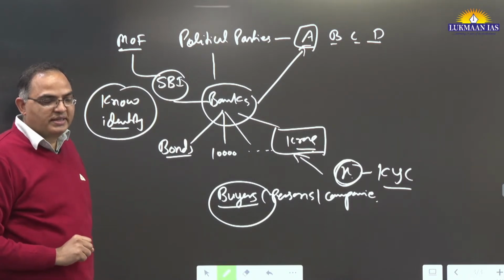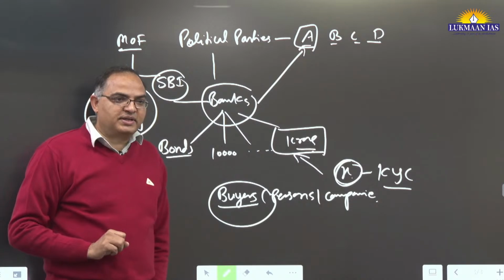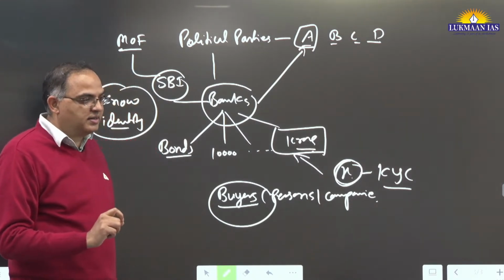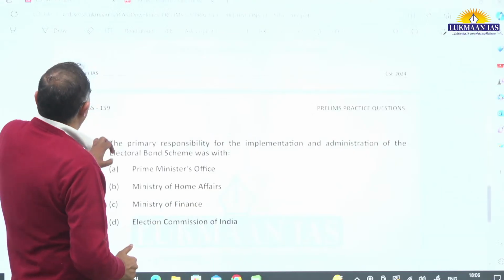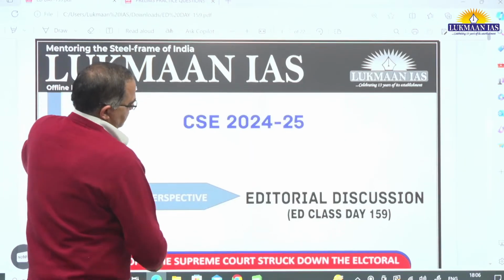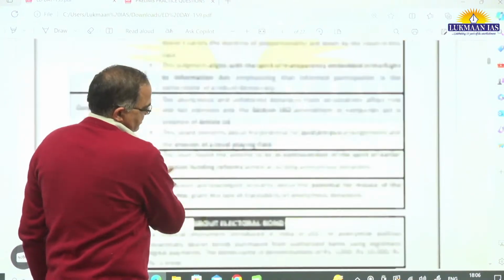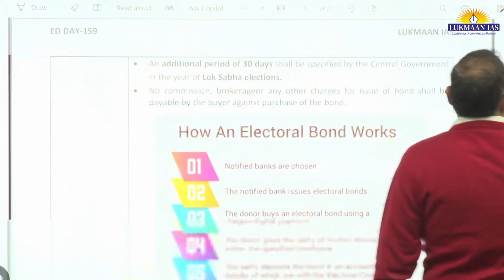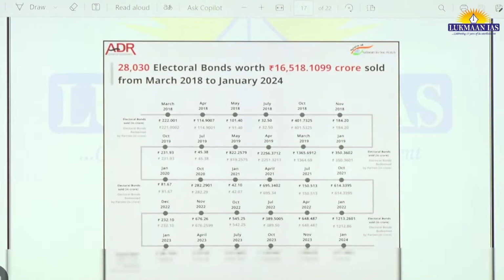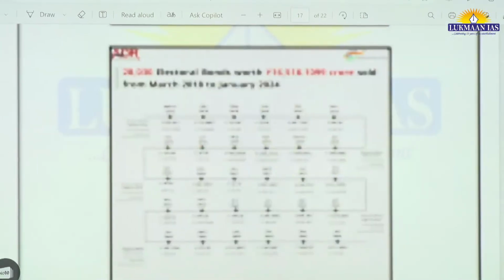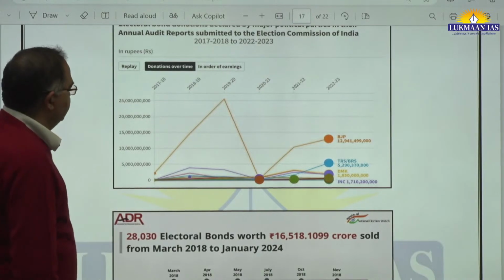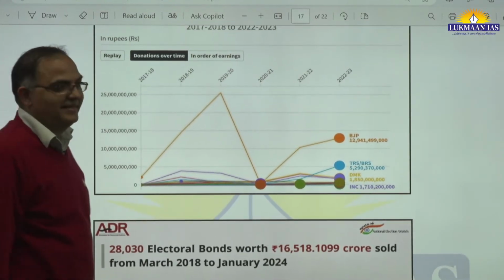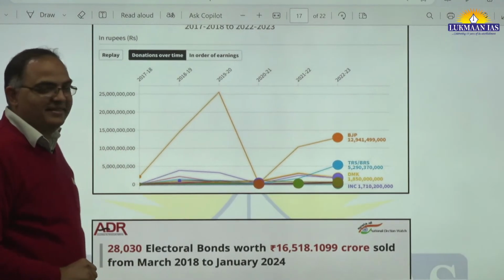This is one. Second, before the interim order, if you see 2019, on the backside it is given in the graph. Before the interim order, right?